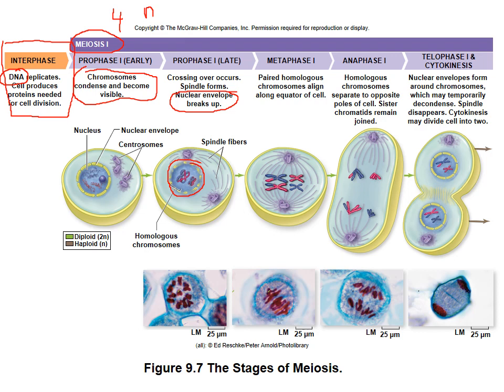But there's one thing that happens in meiosis that you rarely see in mitosis, and that is going to be this thing called crossing over. Crossing over happens in prophase of meiosis 1, and crossing over is when we swap genetic material between homologous chromosomes.